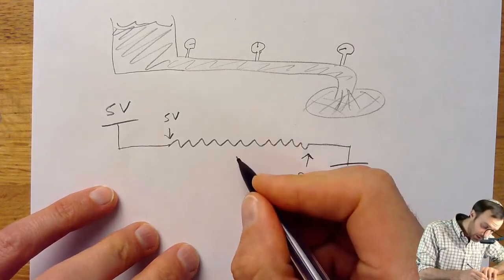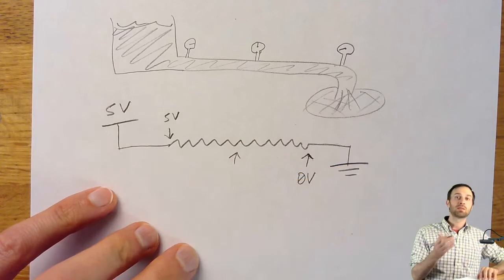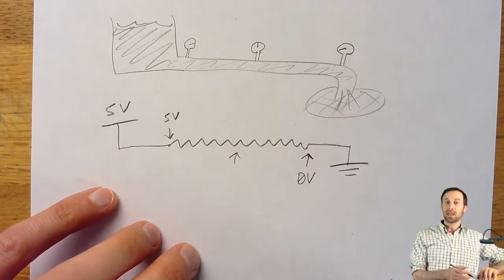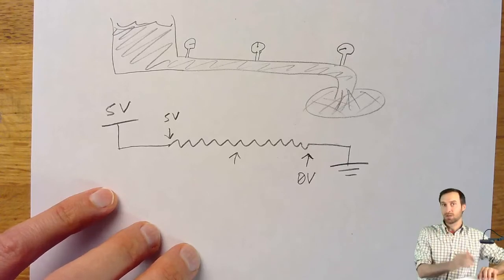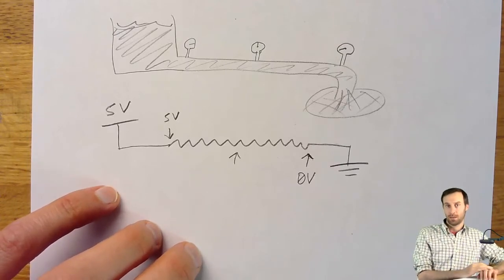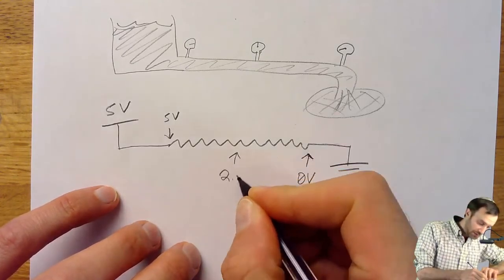So if we measure the voltage right there in the dead center, take a moment and pause and think, what will the voltage be right there in the dead center of the resistor? I'll wait. You might have guessed 2.5 volts.